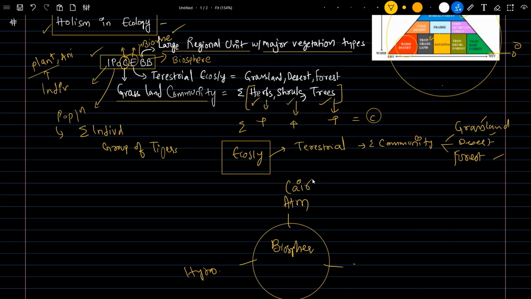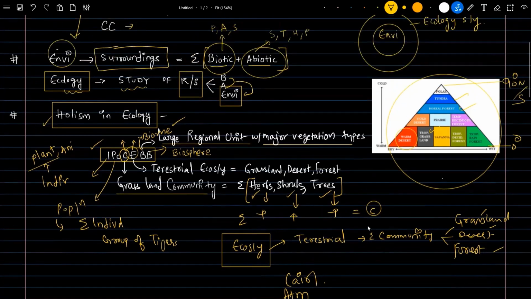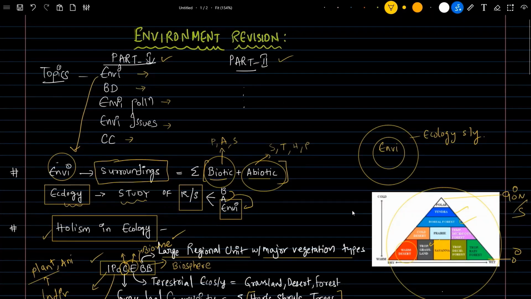Atmosphere means air, hydrosphere is simply the water, and lithosphere is simply the earth, land. So land, water and air. Combining all these things is called a biosphere. So this is basically the fundamentals of environment.